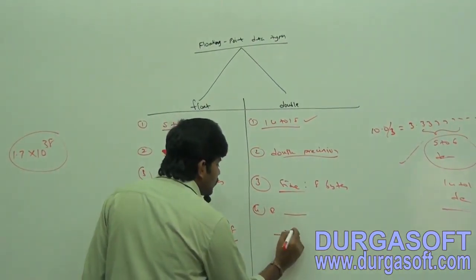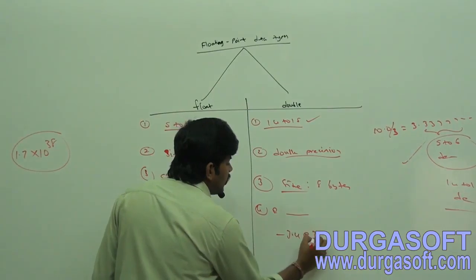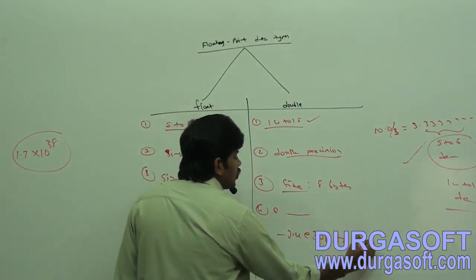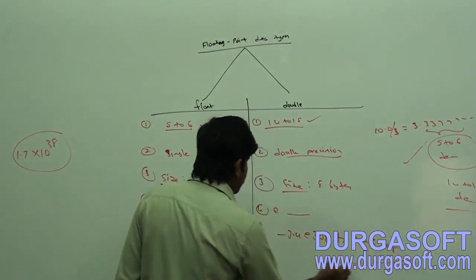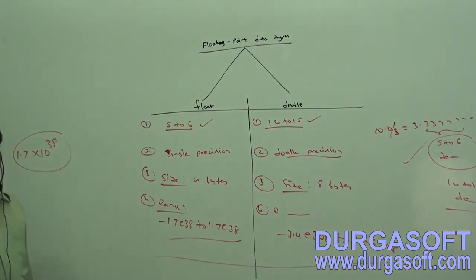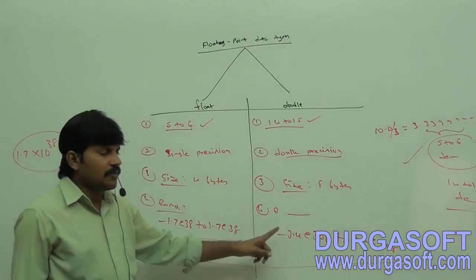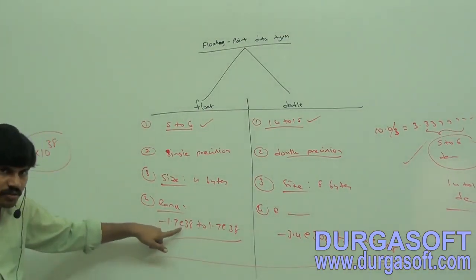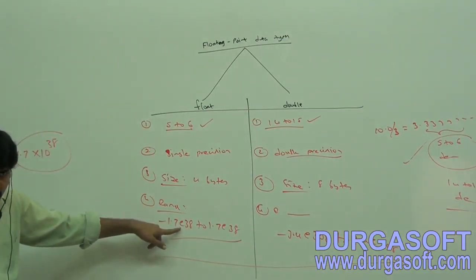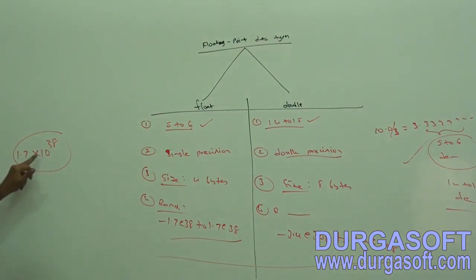Minus 3.4 E308 to 3.4 E308. Do you know this notation E is called what? Exponential form. E38 means into 10 power 38. I hope you people are aware.